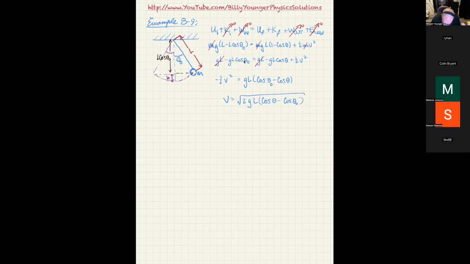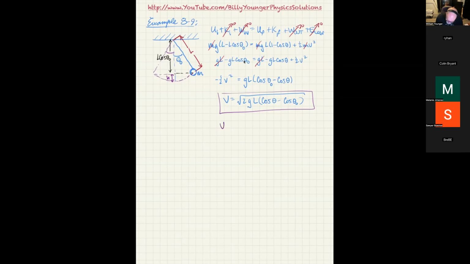And what you can see is that clearly this is going to wobble back and forth, if you will. And if you wanted to know exactly what the velocity would be at the bottom, which would be its fastest, that's when theta equals 0 degrees. And cosine of 0 is equal to 1.